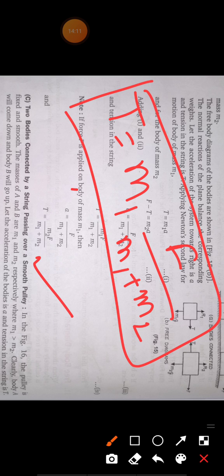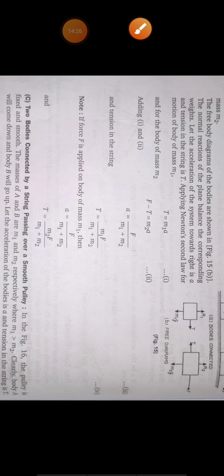Correct. So this equation is also correct. In your book it is M2F divided by M1 plus M2, so there is a difference. I have derived it in terms of M1, and in your book it is derived in terms of M2. That means they used the second equation.